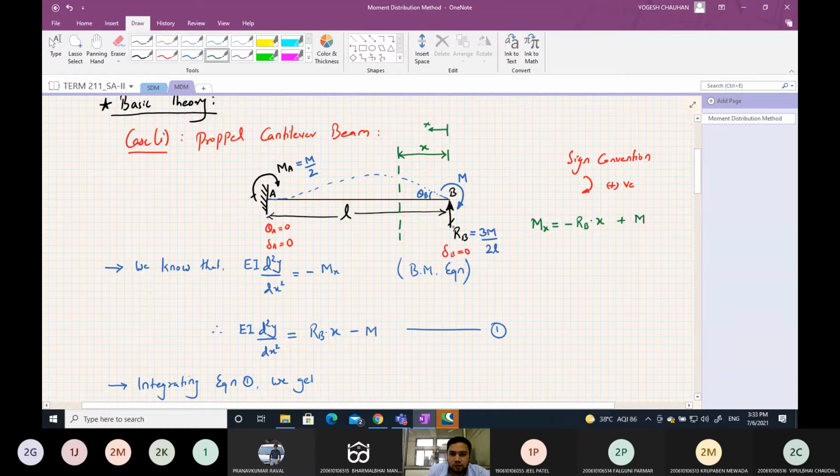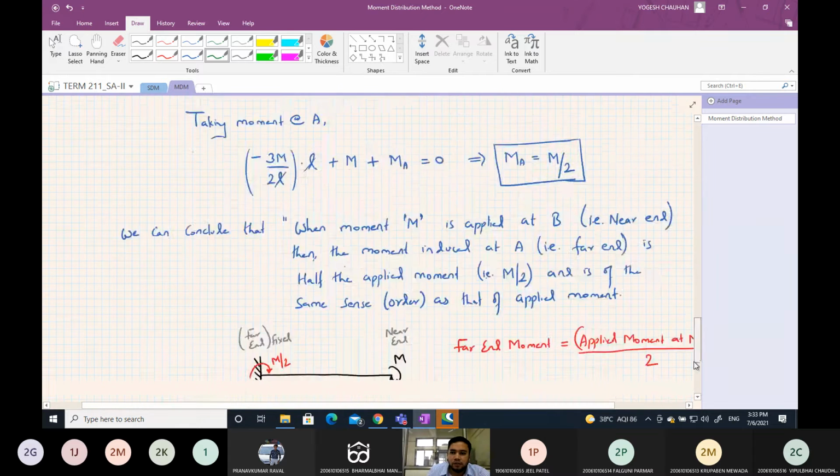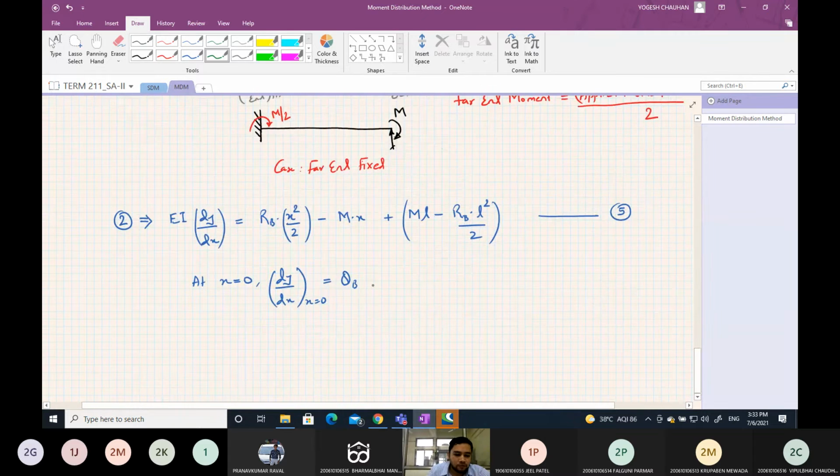So when x equals 0, here the slope is theta b, and slope is nothing but dy by dx.